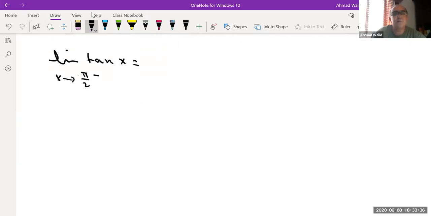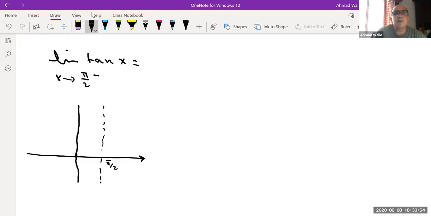Let me explain. Hopefully you had a good teacher in pre-calculus and you know the graph of tangent, right? This is 0, this is pi over 2 for tangent, and at pi over 2 you have a vertical asymptote. At negative pi over 2 you have another vertical asymptote. The graph of tangent is like this. This is the graph of tan x.